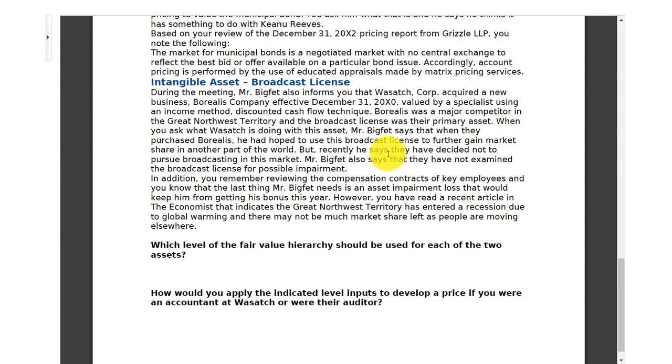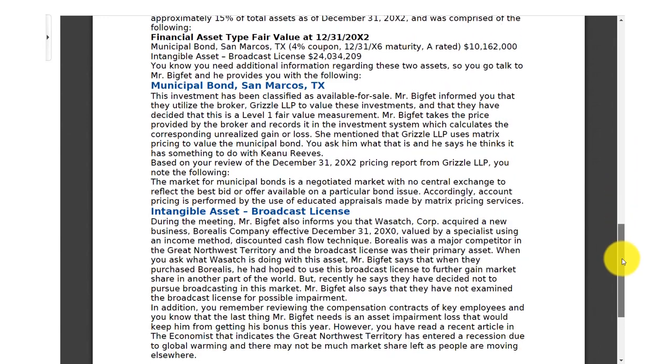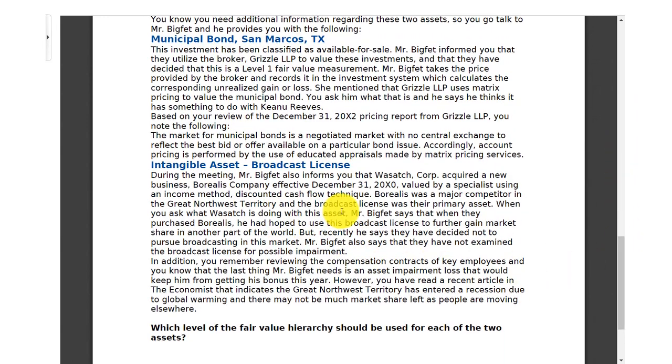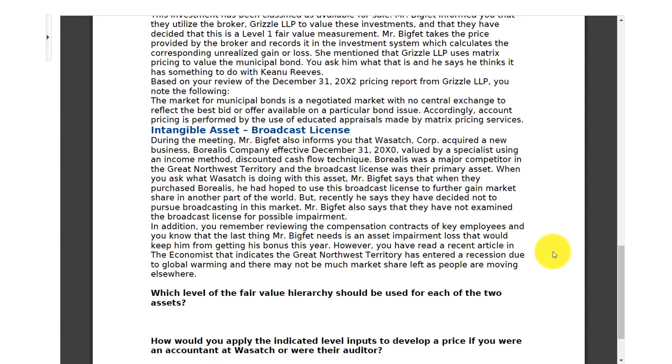You're going to take a present value of those, like we've practiced, or a net present value if the cash flows are different every year, to come up with this very much the same way as we did with acquiring the new chain of retail stores. Kind of the idea of what would you pay for this broadcast license if someone was trying to sell it to you. And you want to make sure that the value you pay is equal to the future cash flows.